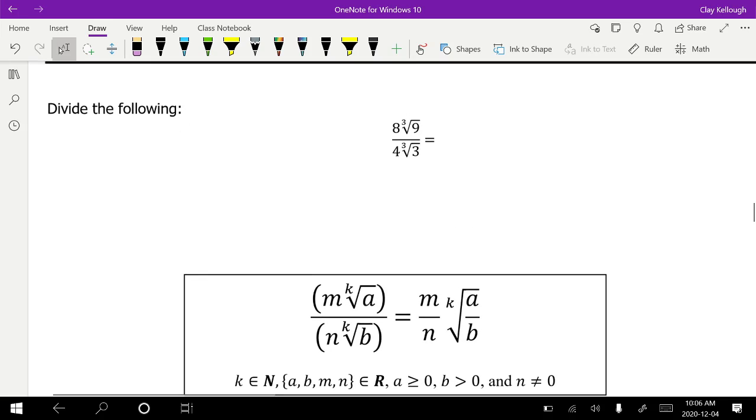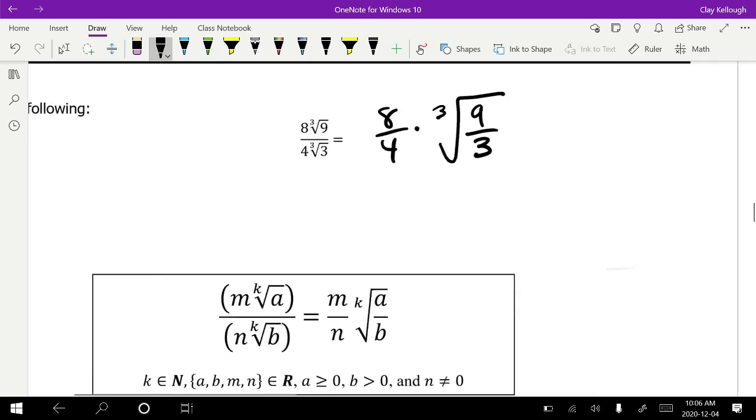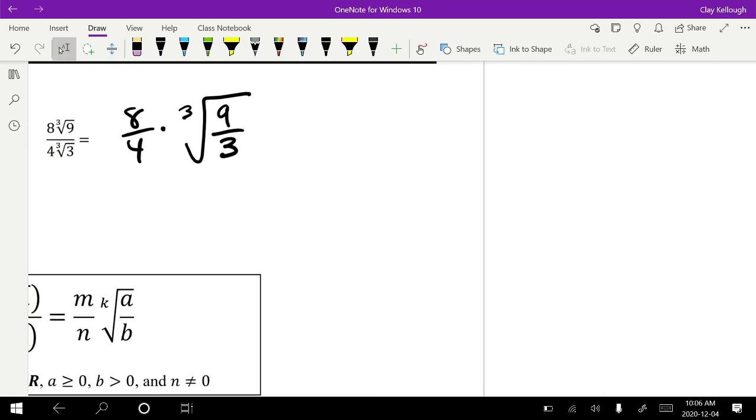First of all, check that out. Divide the following. Well, I can think of that as 2 separate divides. 8 divided by 4 times, and then think of it this way. And again, you might be going, huh? Why are you allowed to do that? Well, because once again, grade 9 math gave us this rule. Product of a quotient.